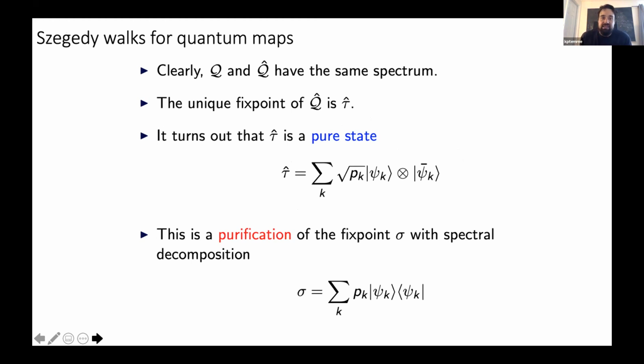What you can immediately see is that the eigenvector with eigenvalue 0 that corresponds to that quantum discriminant happens to be exactly the purification of our density matrix when we're looking at the matrix version of the quantum discriminant.